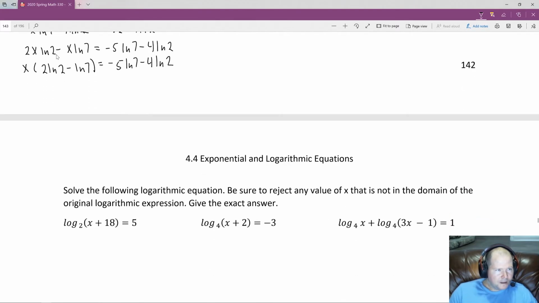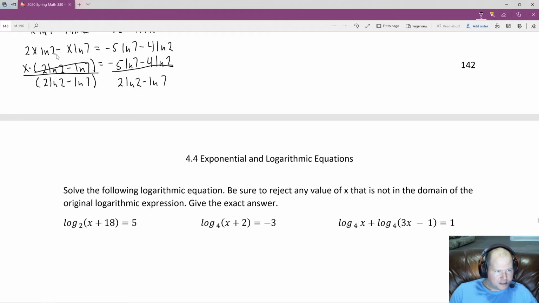Right? And now we're going to undo the multiplication of this x by this parenthesis with the 2 natural log of 2 minus natural log of 7 by dividing by 2 natural log of 2 minus natural log of 7. And whatever I do to one side, I do to the other, so I end up with 2 natural log of 2 minus natural log of 7.